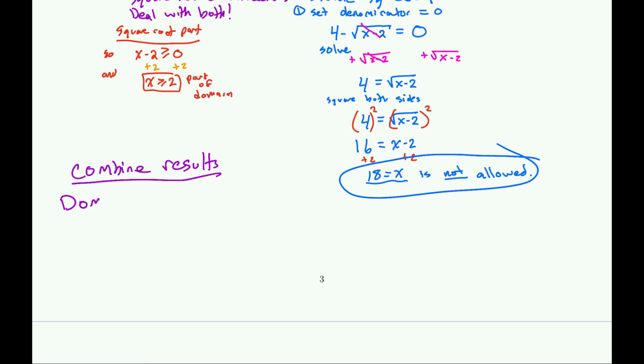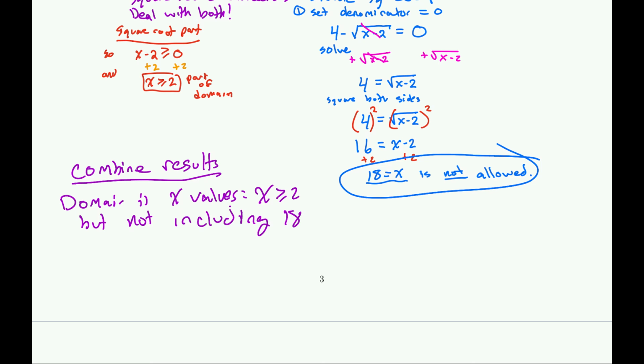The domain is x values greater than or equal to 2, but not including 18, right? Because 18 is not allowed because of the divide by 0.